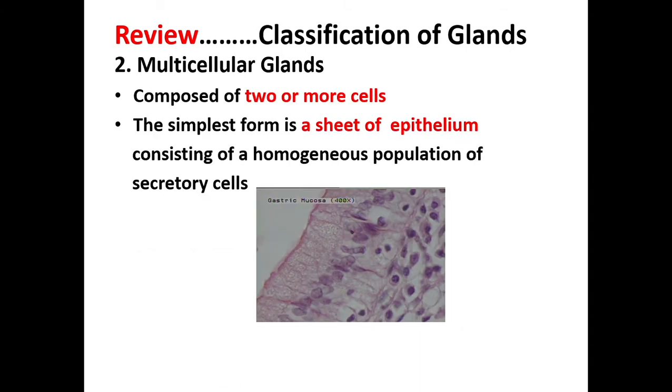From unicellular, we have the multicellular glands composed of two or more types of cells. The simplest form is a sheet of epithelium consisting of a homogeneous population of secretory cells, as represented by the illustration of the gastric mucosa.